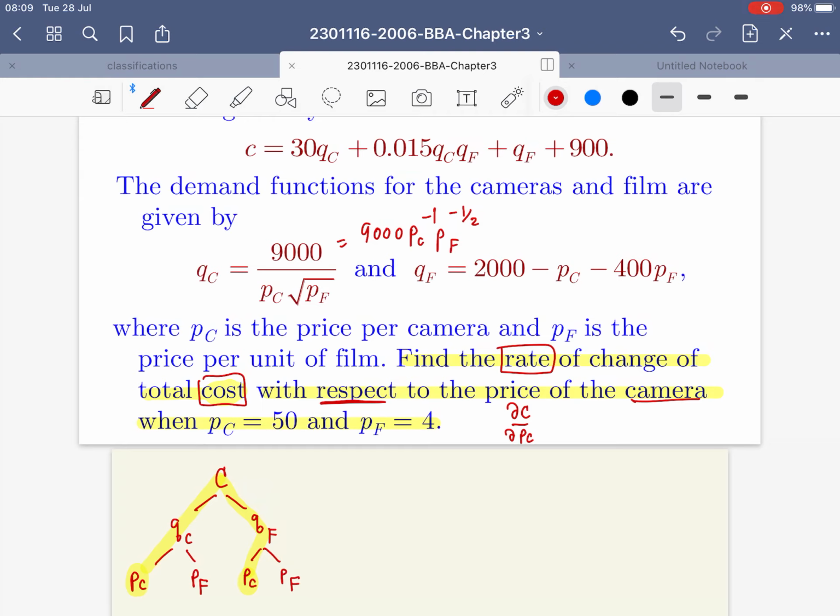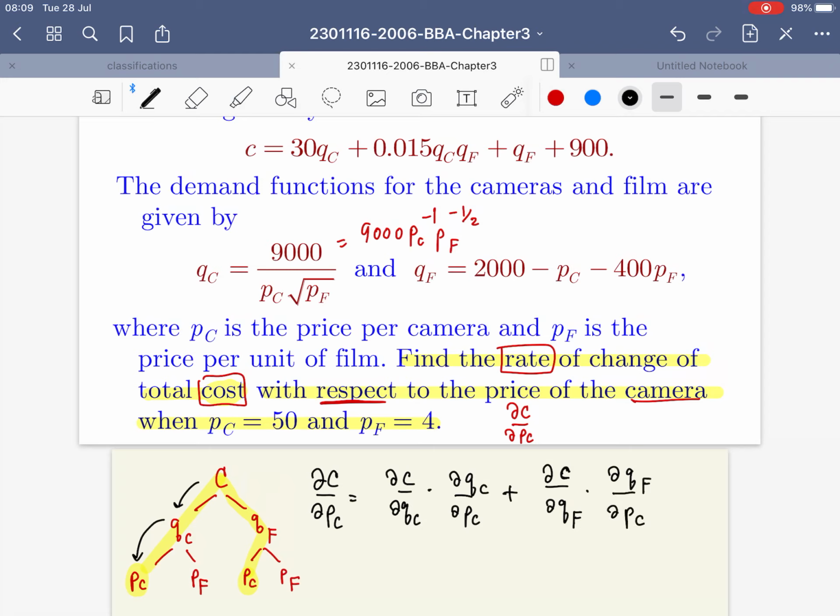So it means that if you want to find dC with respect to the price of the camera, you are going to go through QC first and then QC with respect to the price of the camera. And then another contribution with respect to QF, and then the quantity of the film with respect to the price of the camera again.